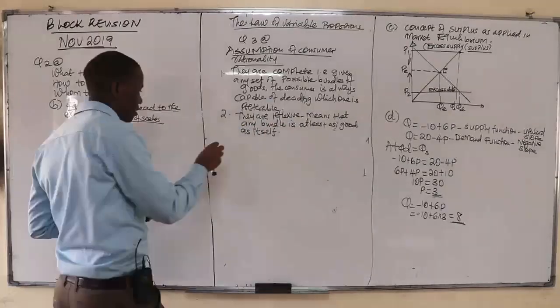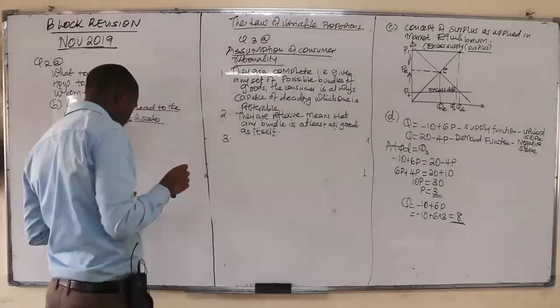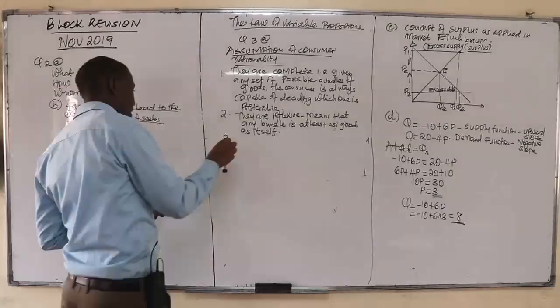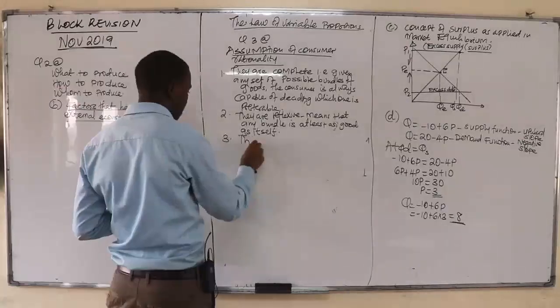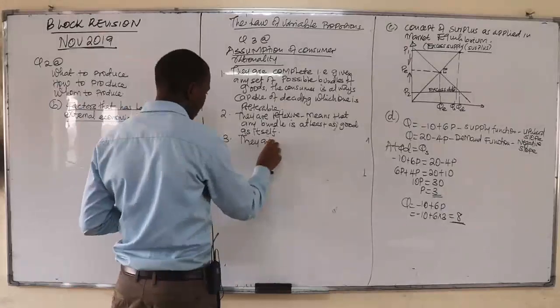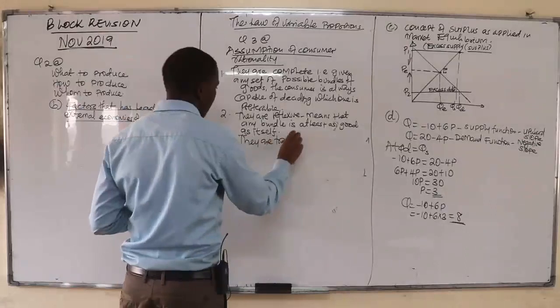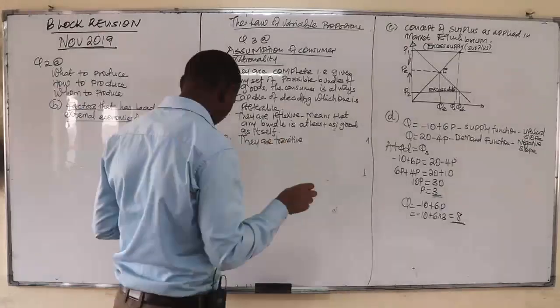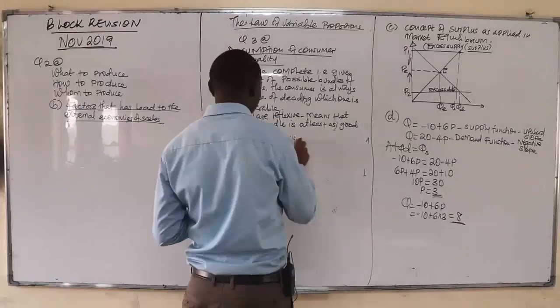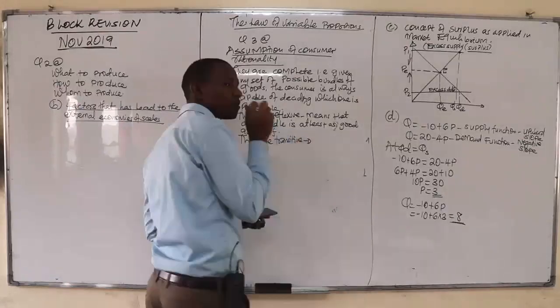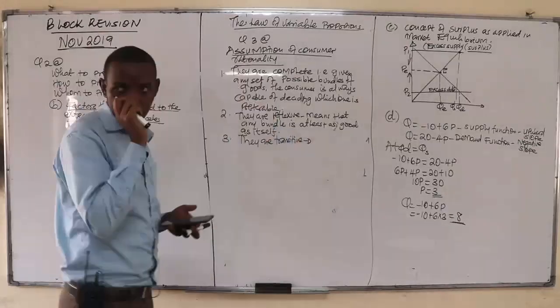Number three, they are transitive. What we mean in this case is transitivity and consistency.